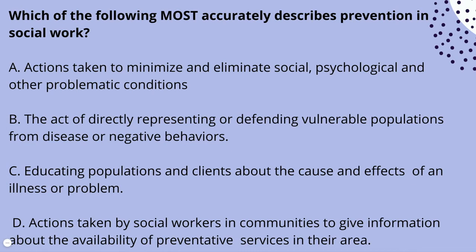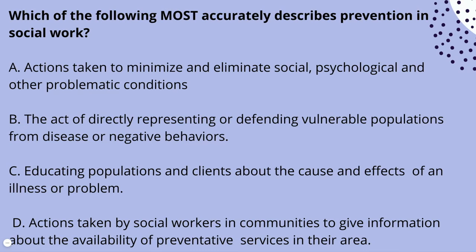Okay, always want to figure out what is this question asking. This is a most question. So this means that given the choices that we have, which one is the best and all-encompassing that's going to explain what prevention work is in social work. Well, let's start eliminating ones we know that are not going to be the most accurate description.